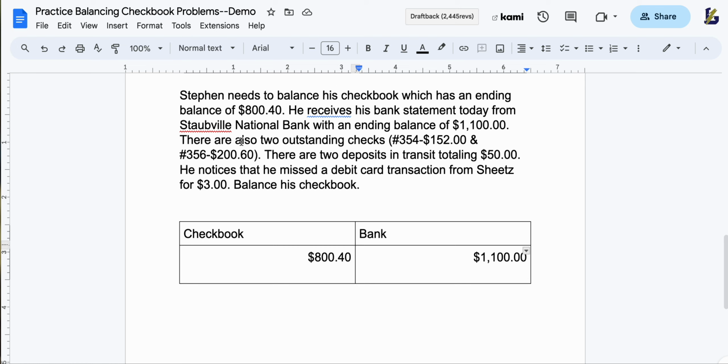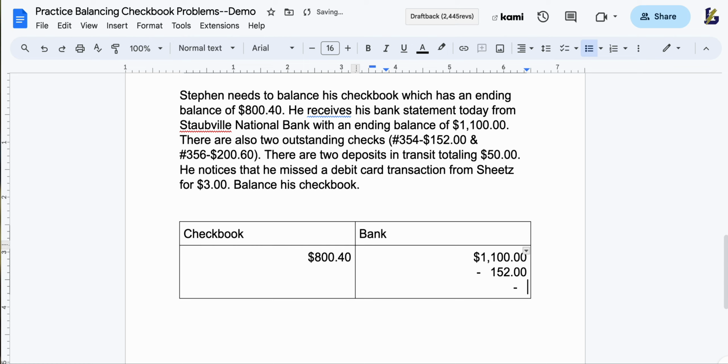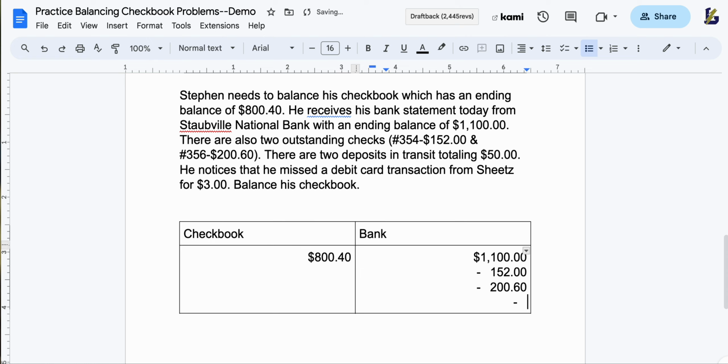Looking up here, we have two outstanding checks, $152 and $260. Both of these are outstanding checks, so we know to subtract those. When you subtract those, that's going to come out to $247.40. Oh man, we are still not there.